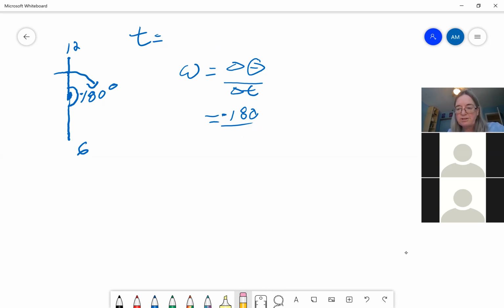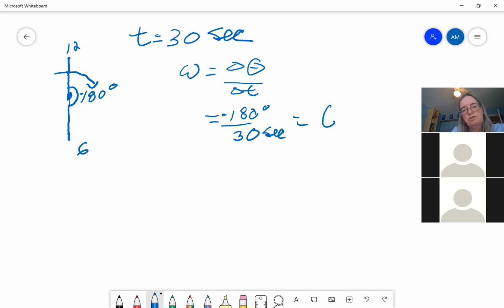It's been too long since we've all used analog watches. So 30 seconds, which definitely makes much more sense. So that's degrees, this is seconds, and that's where you get your 6 degrees per second, or your pi over 30 radians per second, and your acceleration is 0 because it's not speeding up or slowing down.